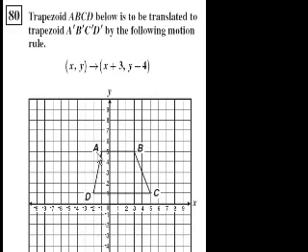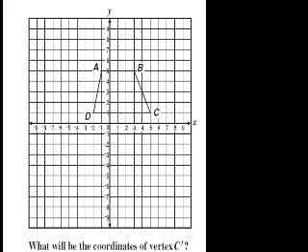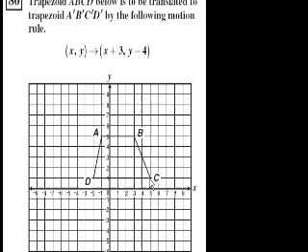Problem 80. Let me switch to a better color. Trapezoid ABCD below is to be translated to trapezoid A prime, B prime, C prime, D prime by the following motion rule. What will be the coordinates of vertex C prime? That's all we have to worry about. We're at C and we're going to translate it to some C prime.